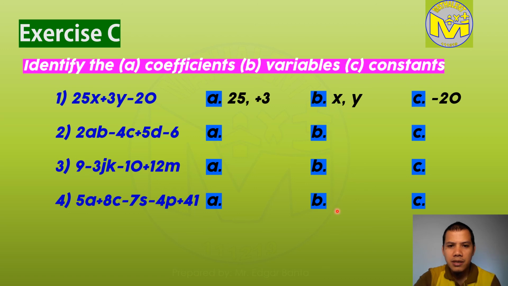Let's go to letter B. Identify the variables in this expression. In the first term we have A, second term we have C, third term we have S, and we have P in the fourth term. So the answer is A, C, S, P. Don't forget the commas, okay?